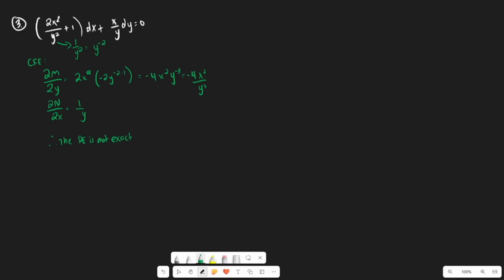But first, we need to find the partial of M with respect to y minus the partial of N with respect to x. So this is equal to negative 4x squared over y cubed minus 1 over y.